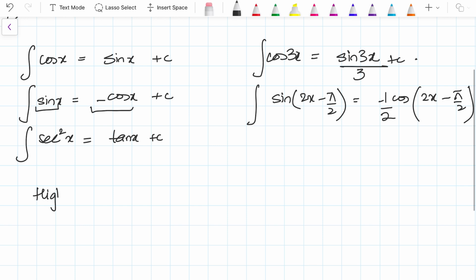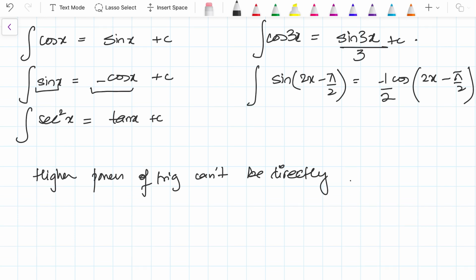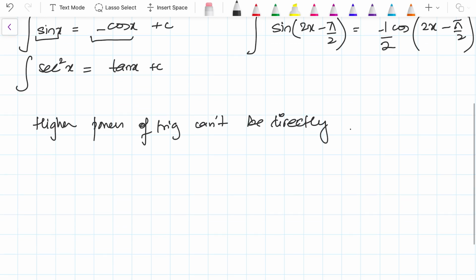Now, higher powers of trig cannot be integrated directly. Let's understand the different trigonometric identities that we have done in trigonometry in A2. So we remember that sine 2x is equals to 2 sine x cos x.